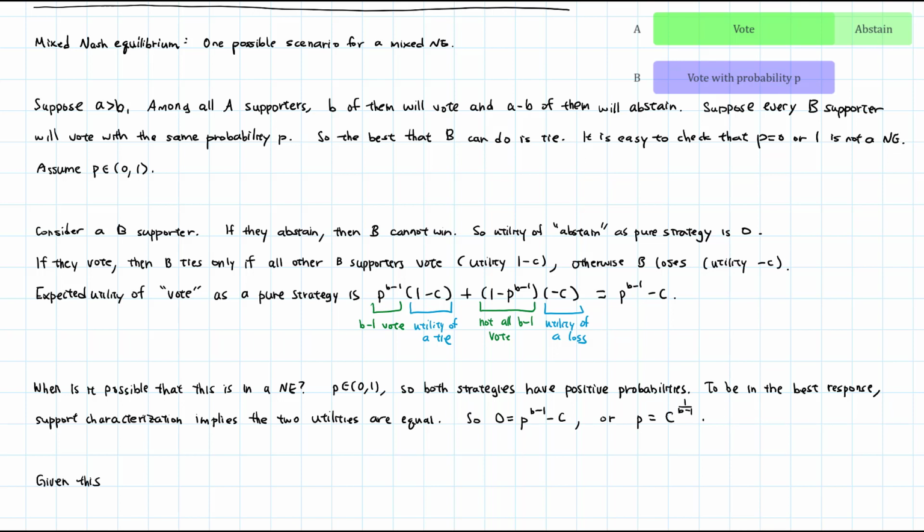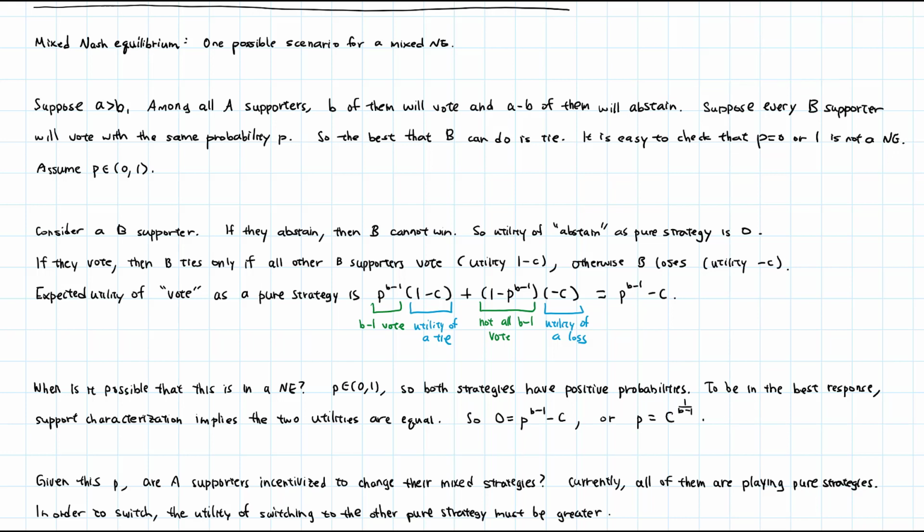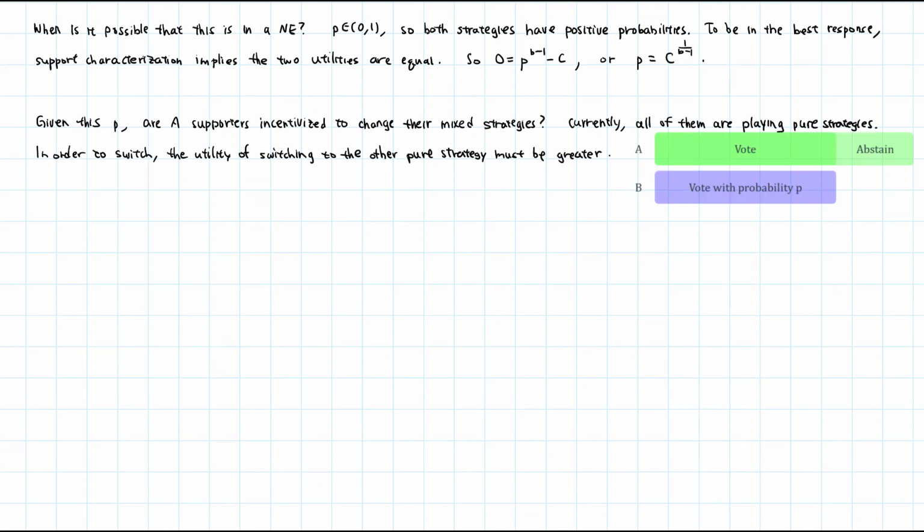Given this P, we still need to check whether or not the A supporters are incentivized to change their mixed strategies. Currently, all of them are playing pure strategies. In order to switch, the utility of switching to the other pure strategy must be greater. So let's look at the two cases here.